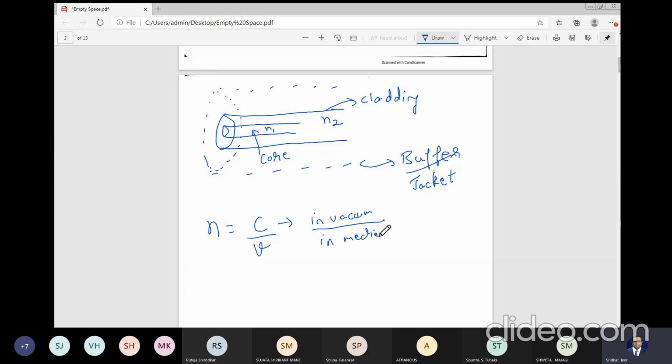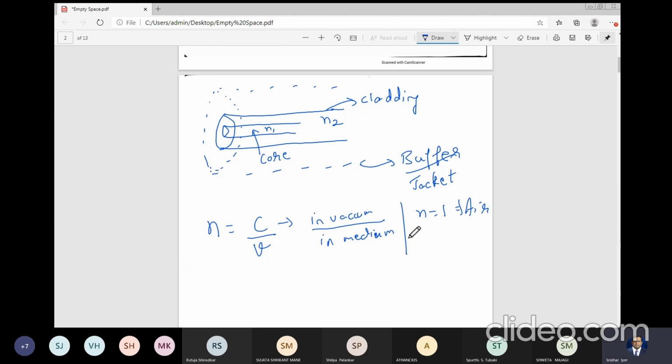So this medium could be glass, could be sand, could be air. So different mediums are there, and in the numericals you'll see that these mediums will be provided to us. So if we take air for instance, N will be equal to 1. This is for air.